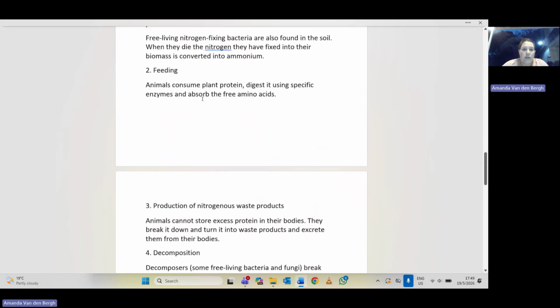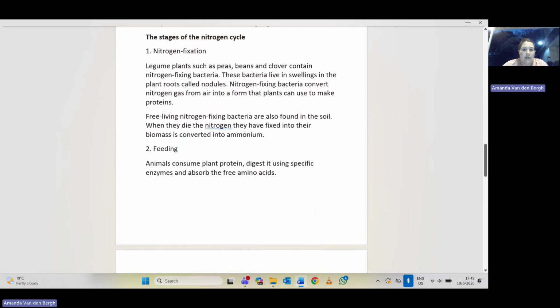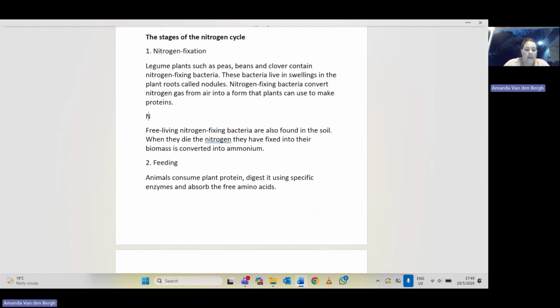So nitrogen fixation: you could have the nitrogen gas, right? And it's converted into nitrates. Plants then use the nitrates. Right, so now we've got the nitrogen from the atmosphere, and the plants can use it, right?